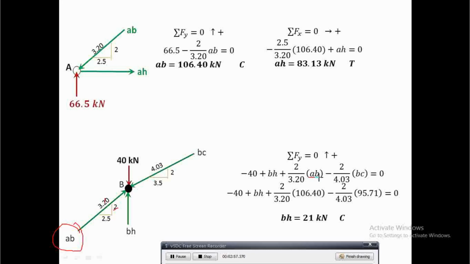Yung AB ko kanina is 106.4. The vertical component of BC is 2 over 4.03. The vertical component is downward, kaya negative. My BC is, nasolve ko kanina, 95.71. Substitute the values. My answer is 21 kilonewtons. So, positive siya. Ibig sabihin, tama yung assumption ko. And the direction is towards the joint. Therefore, that is compression.